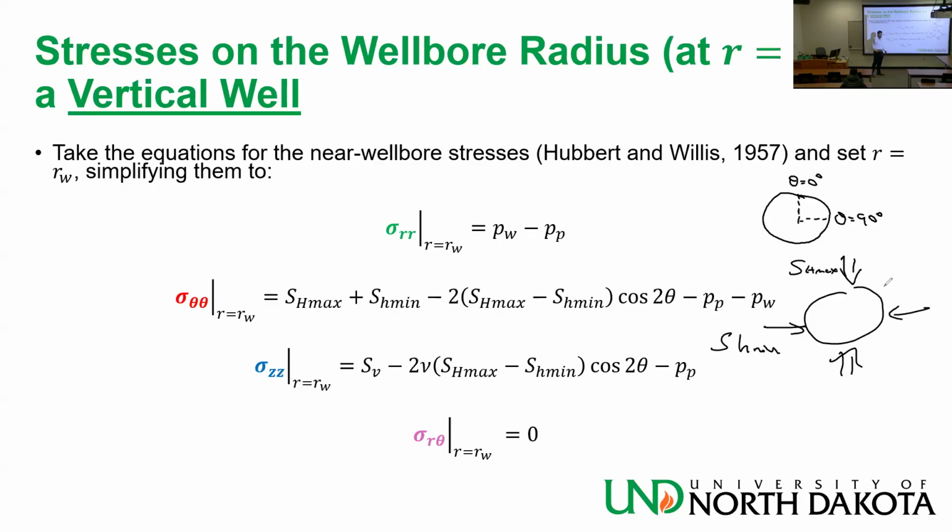So what will be my theta for tensile fractions from a vertical well? Can I have tensile fractions at theta equals 90? No, it's only for 0 degrees, because that's the minimum. If you solve for PW as a function of theta, then you find that the minimum PW is for theta equals 0. Yes, that's correct.